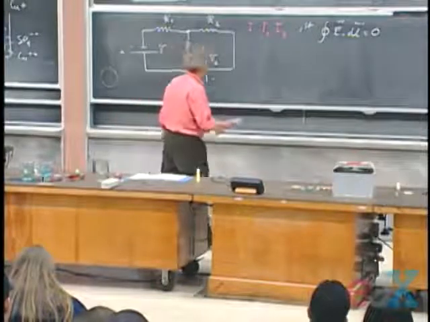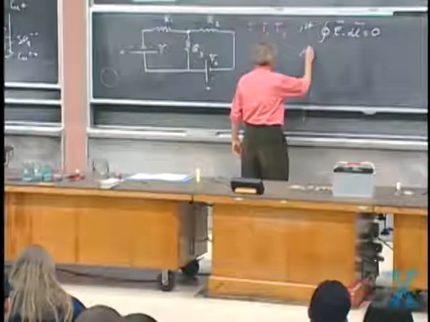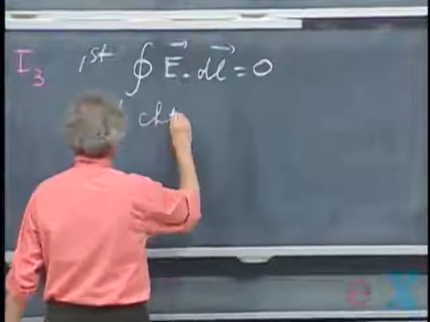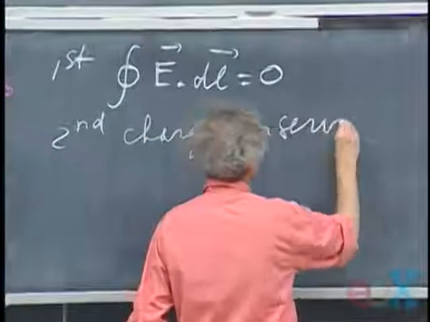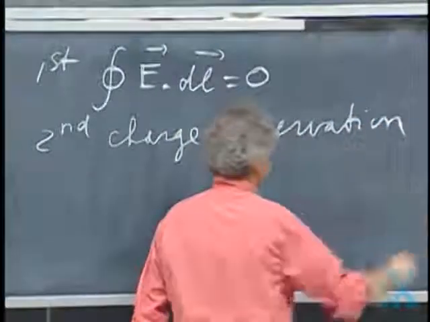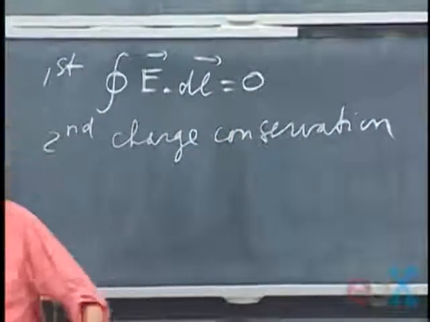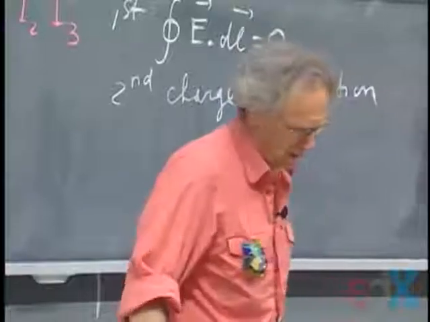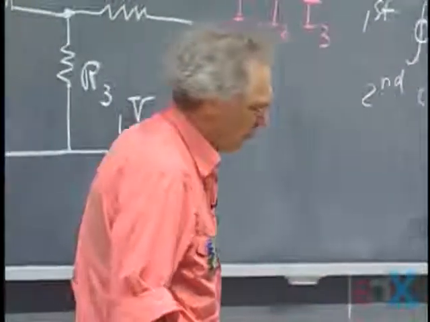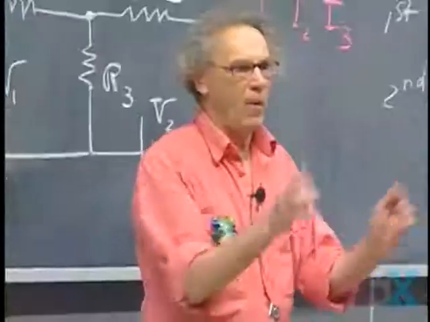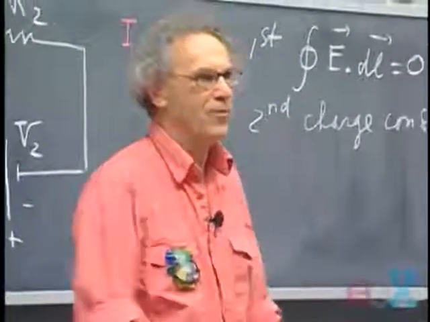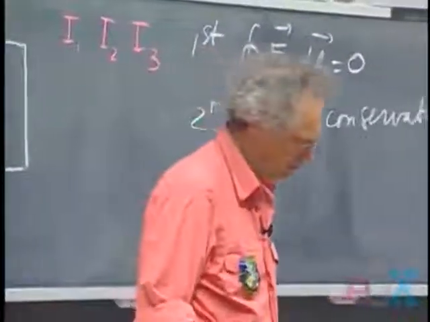And then there is a second Kirchhoff's rule, and that is what we call charge conservation. If it is a steady state situation, then independent of which junction you go to, the current that flows in must flow out. You can't have a pileup of charge. That's the second rule.